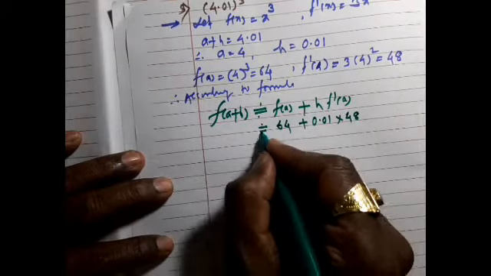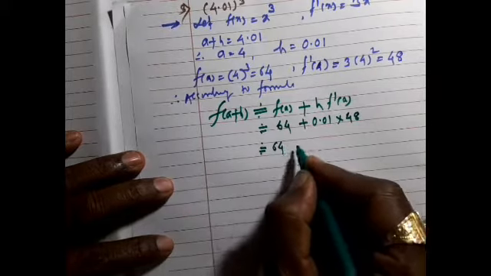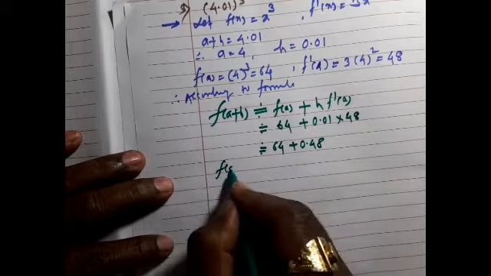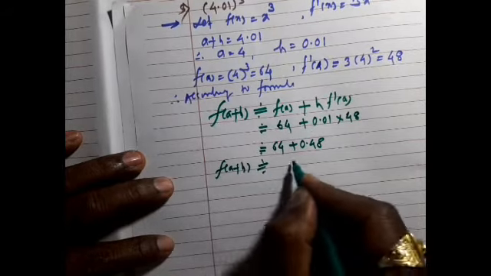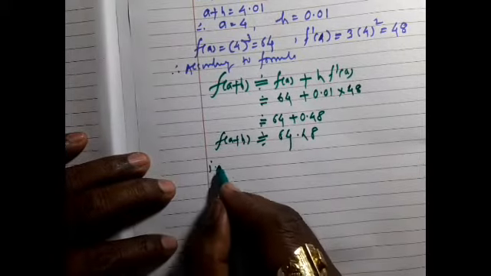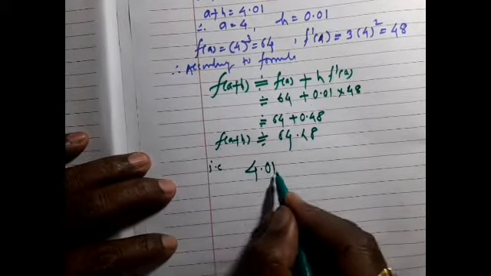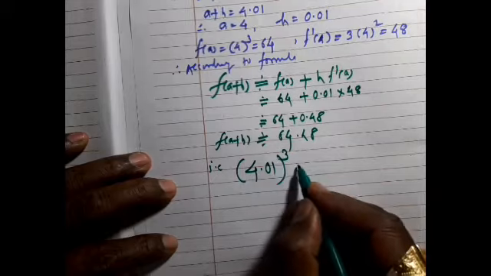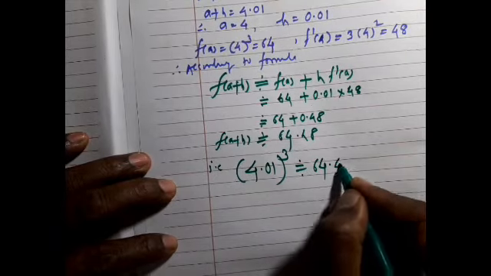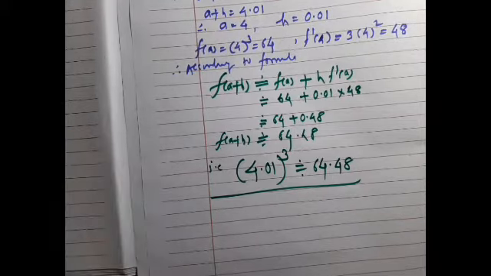That is nothing but 64 plus 0.48. And f of a plus h is approximately equal to 64.48. That is, 4.01 cube is 64.48.